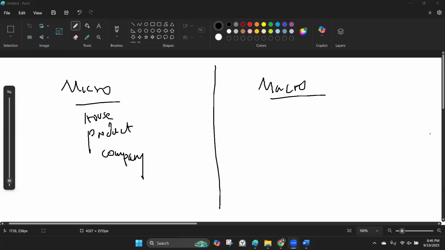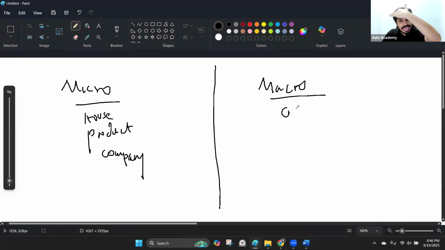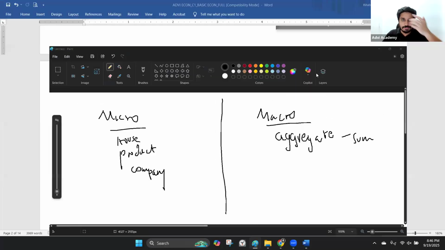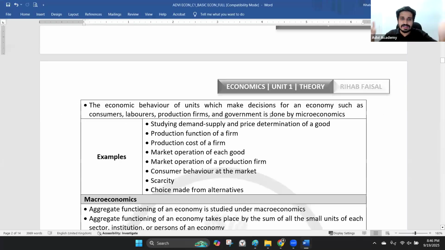Macro is usually the aggregate, we say. What do you mean by the aggregate? It means the sum of all these small units that we have. For example, on a country level, if we are considering something from a country's perspective, whatever we are taking into consideration, that basically comes under macro.